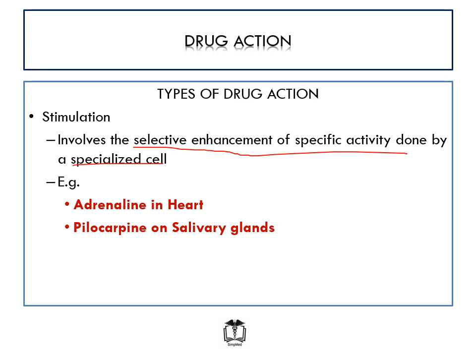Examples would be a drug like adrenaline working on the heart. The heart, in this case, is a specialized tissue, and adrenaline is going to be increasing a particular function or activity already present within the heart. Another drug is pilocarpine on salivary glands. Salivary glands also being a specialized tissue, and pilocarpine working to enhance the activity of the salivary glands.